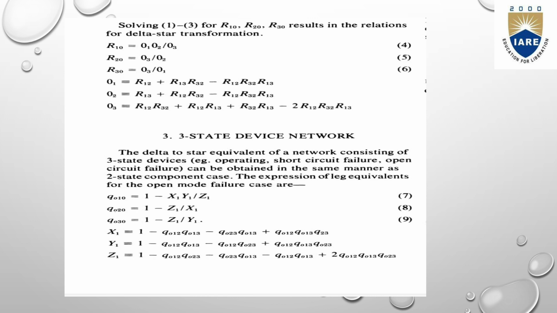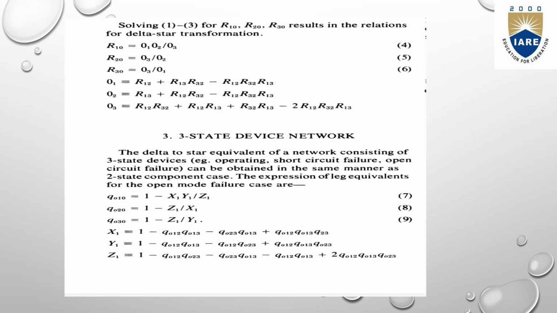So solving 1 and 3 for R10, R20, R30 results in the relations for delta star transformations: R10 is equal to O1 O2 by O3, R20 is equal to O3 by O2, R30 is equal to O3 by O1. And O1 is R12 plus R13 into R32 minus R12, R32, R13.